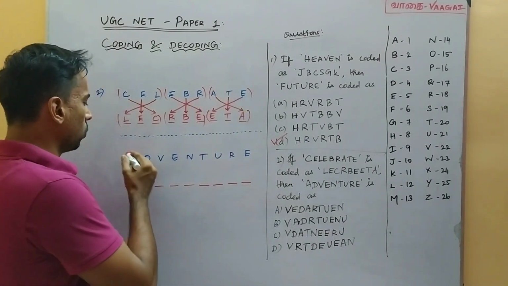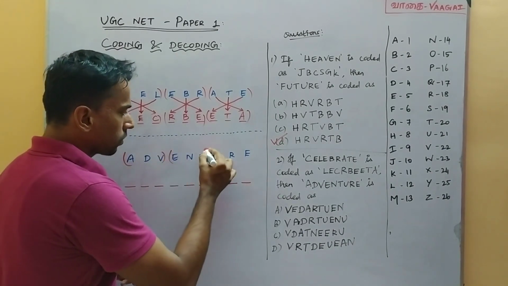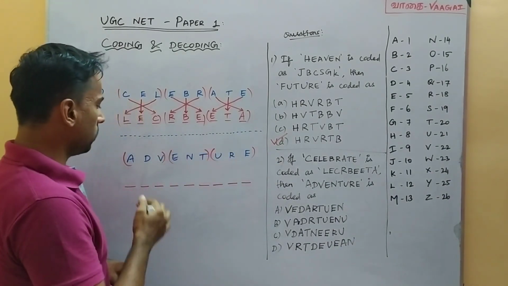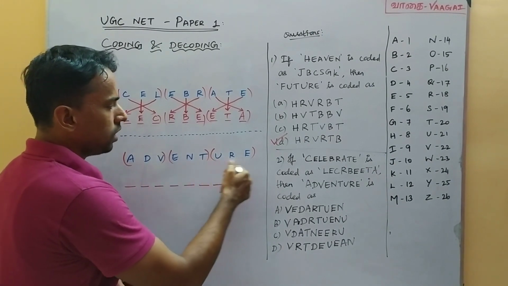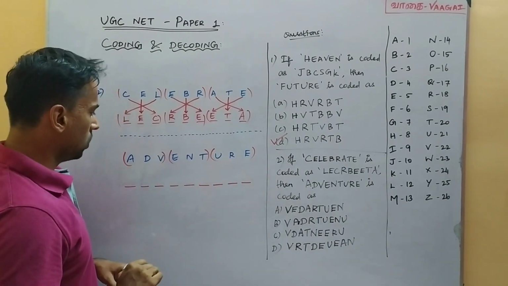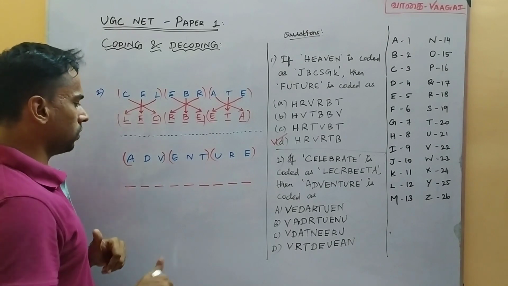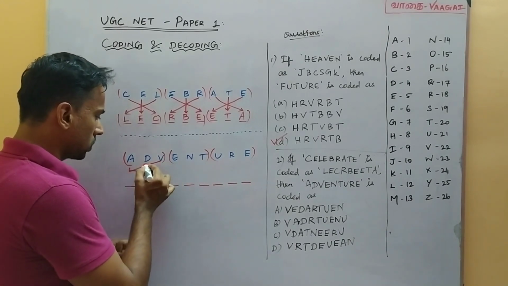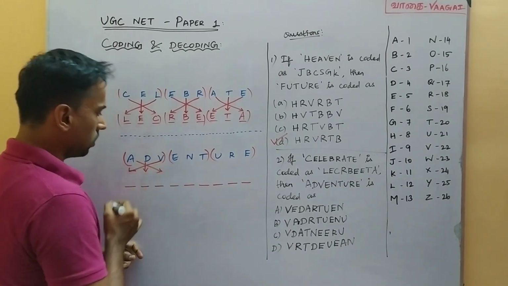Okay. So again we will group as three letters. So I'm grouping it as first 3, next 3 and the last 3. Again we will do the same kind of adjustment, that is, this kind of transferring is happening.